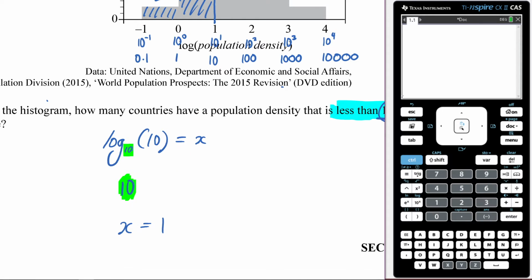This number right here, what it equals to, that is the power. And then finally, this number here is the answer.